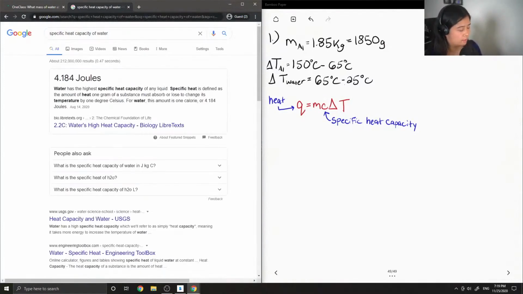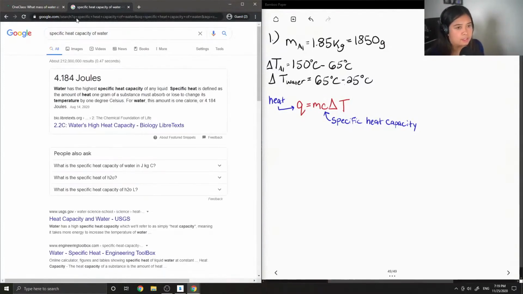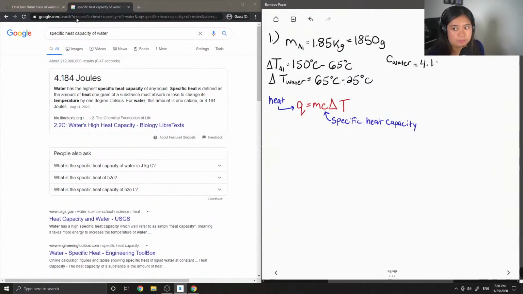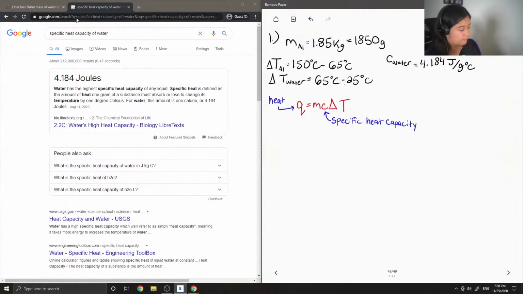So first I'm going to look up the specific heat capacity of water. So C water is equal to 4.184, and the units are actually joules divided by grams times degrees Celsius.